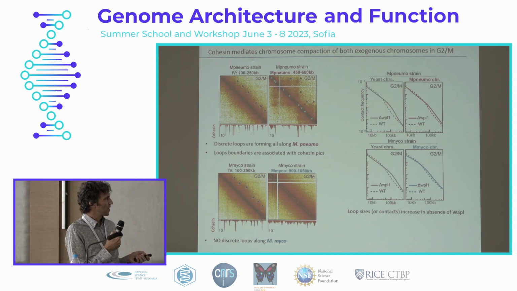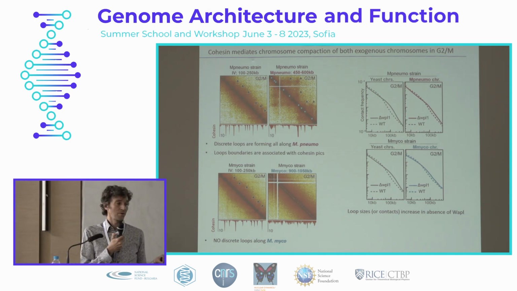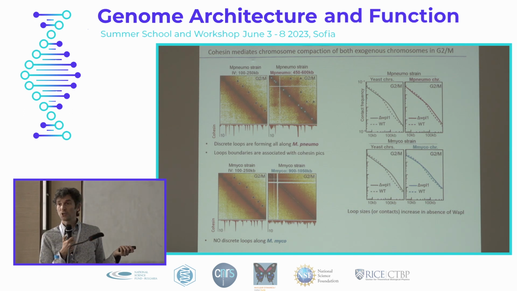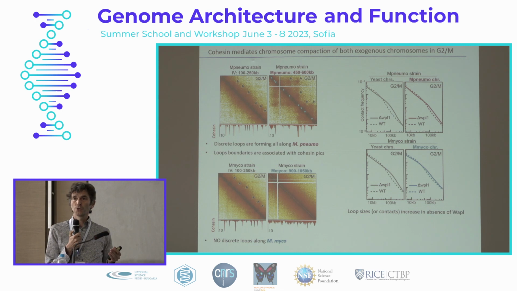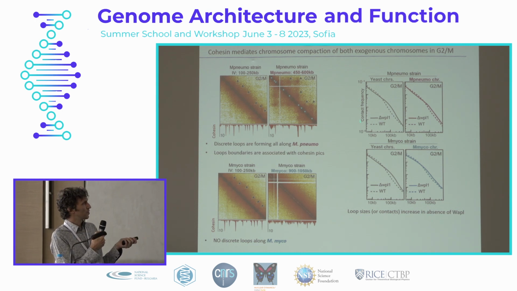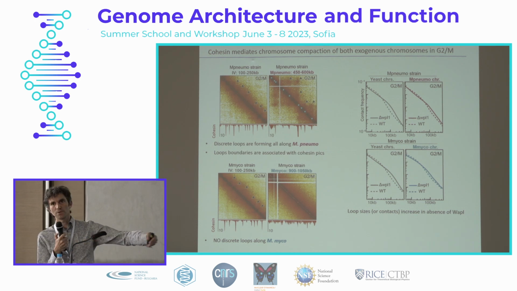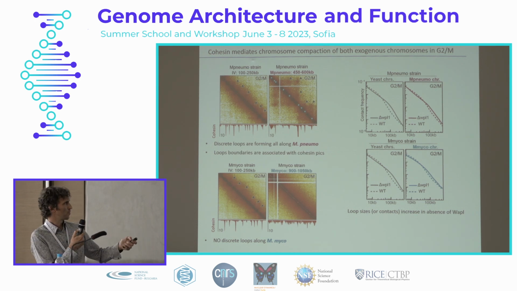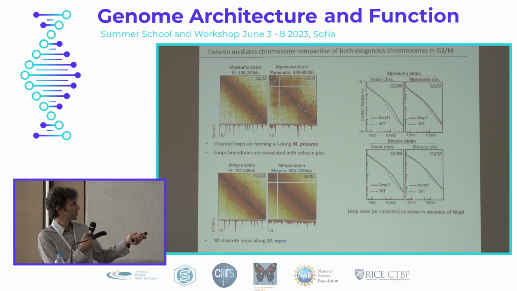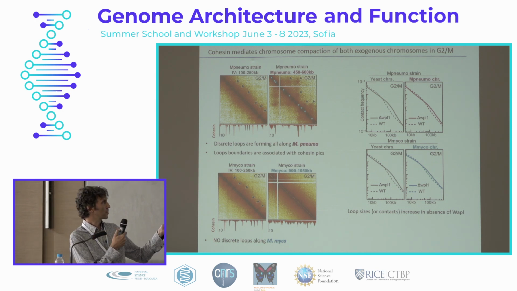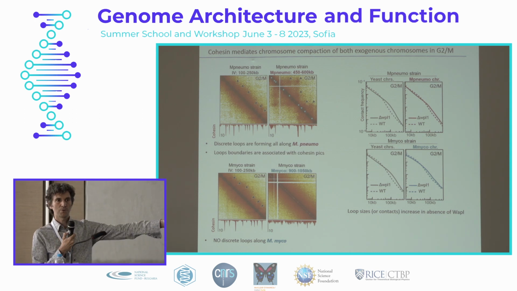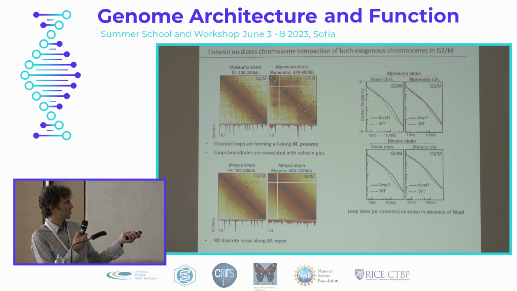To demonstrate that there are loops actually mediated by cohesin along this chromosome, we worked with a WAPL mutant. WAPL normally promotes the removal of cohesin from the DNA. In these conditions, it has been shown by multiple labs, also in mammalian cells, that WAPL mutants tend to make longer loops. So the curve is going to increase towards longer distances. This is exactly what happens in the WAPL mutant.